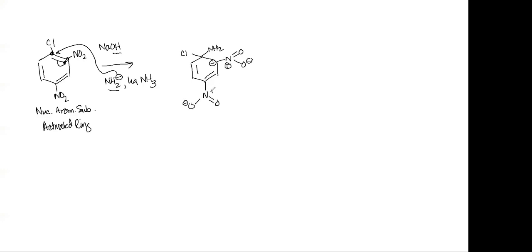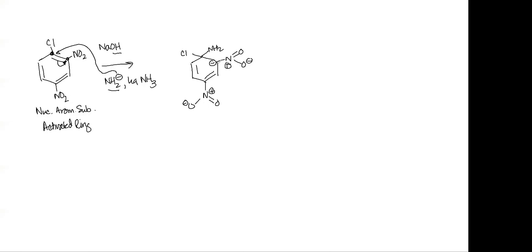It's got an O minus and an N plus. The reason the nitro groups stabilize that anion is because I can form three more resonance structures from this one.